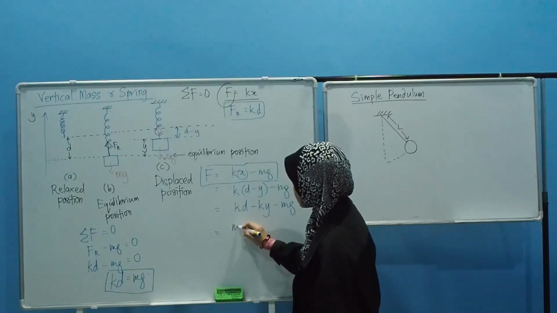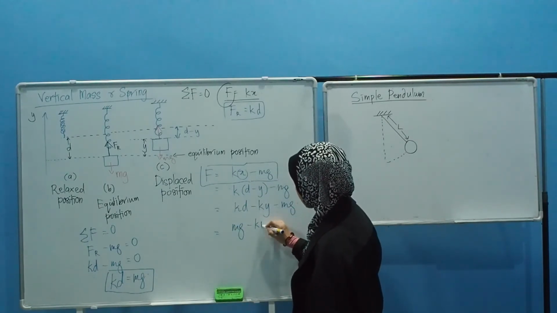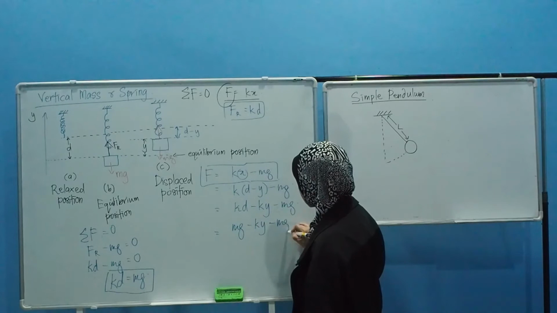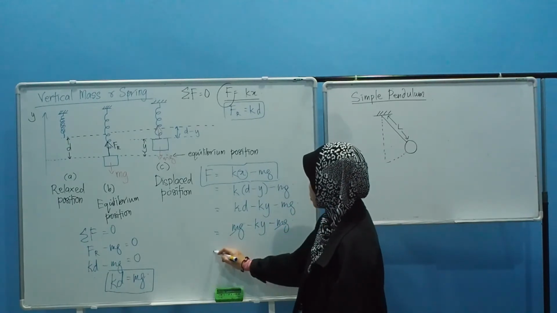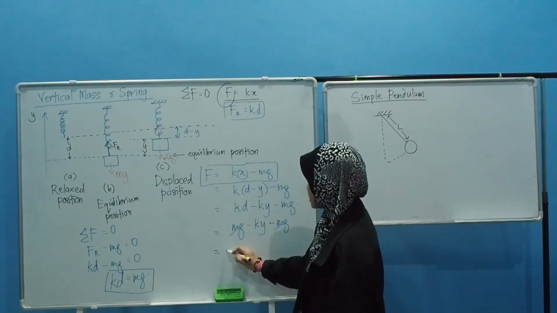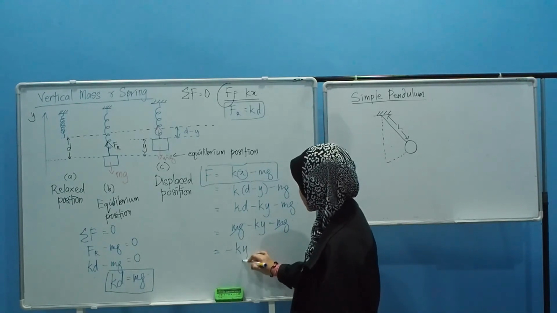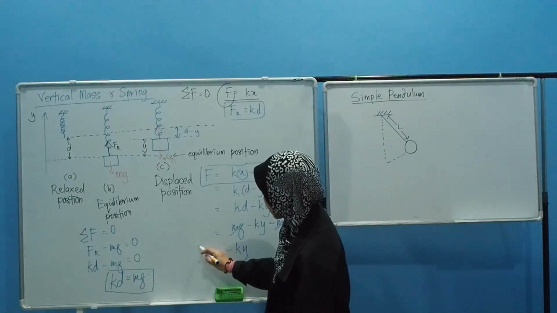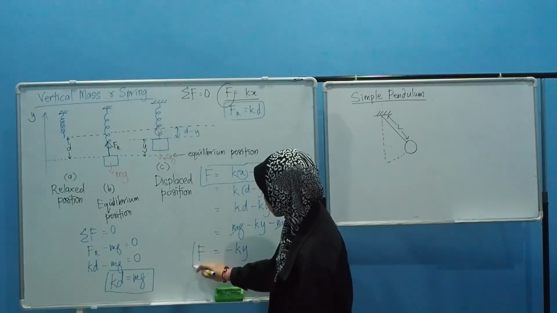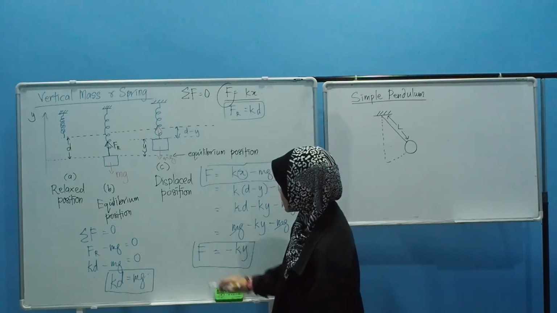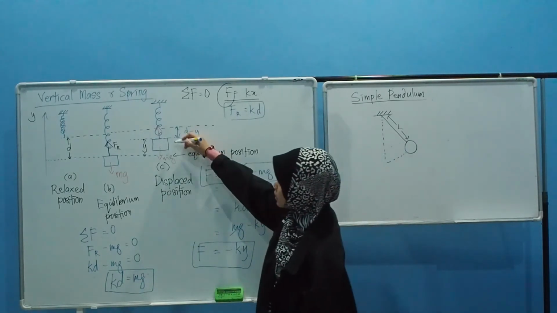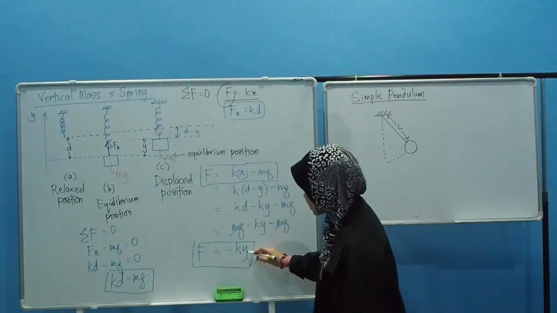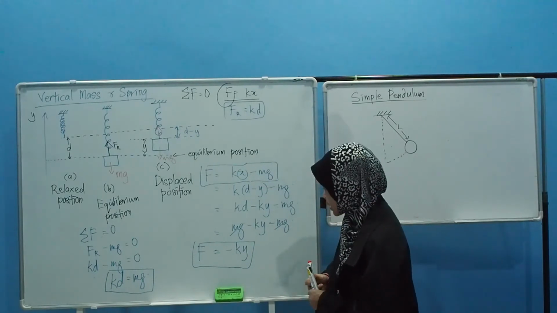So I put here mg minus Ky minus mg. So mg minus mg is 0, and the equation becomes F is equal to minus Ky. This is for the displaced object.